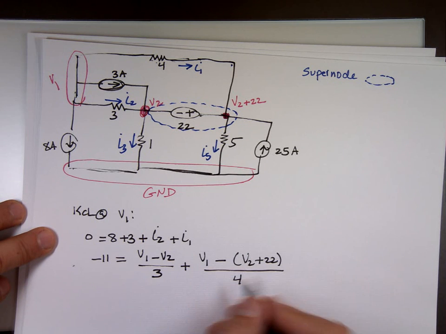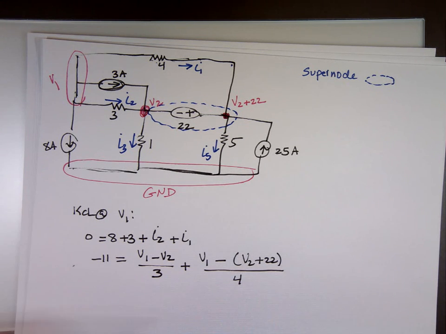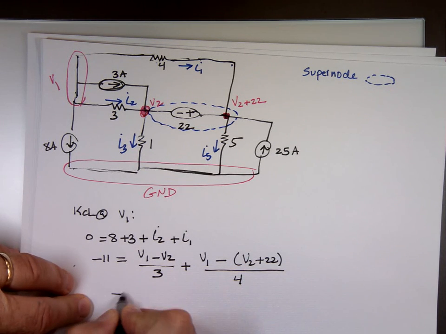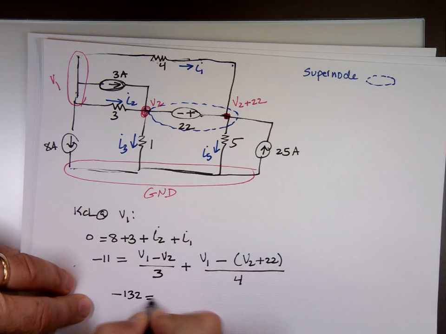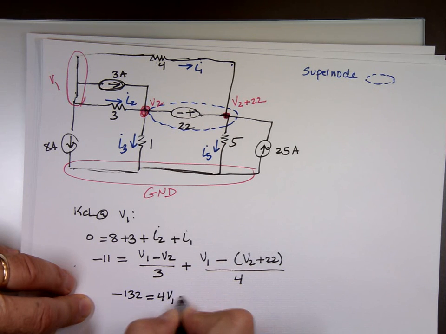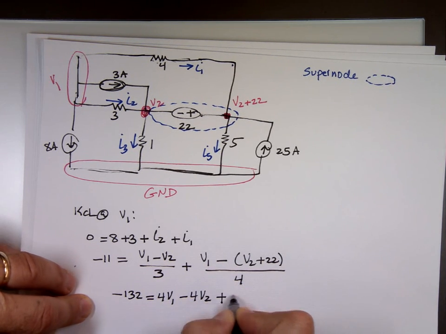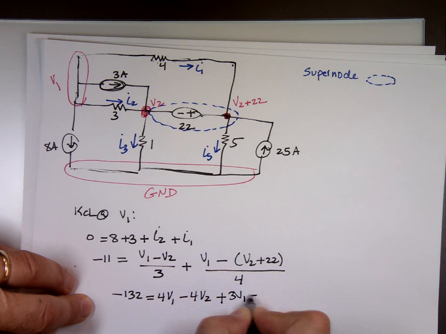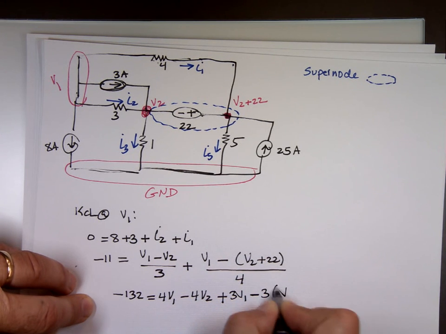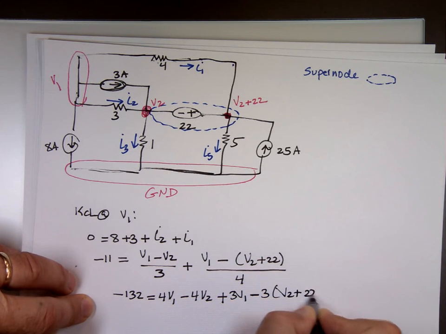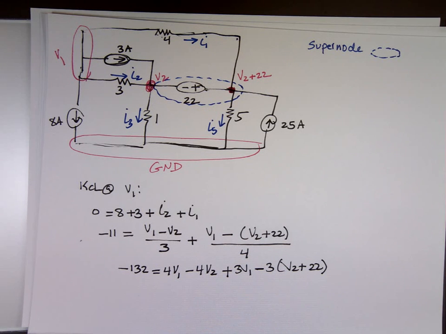4 and 3 is what? 12? 12 times 11? Negative 132 again, equals 4V1 minus 4V2 plus 3V1 minus 3 times V2 plus 22. Clean it.